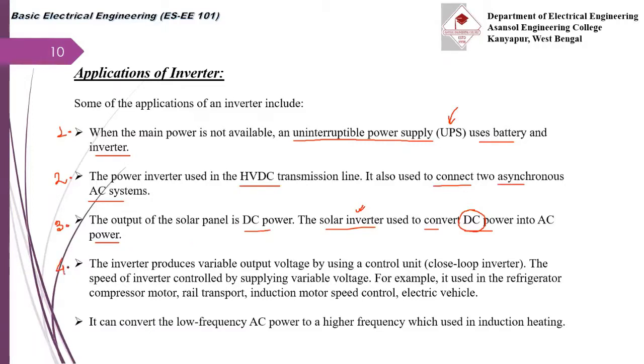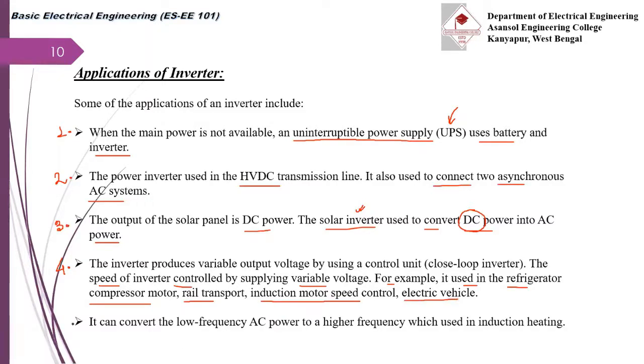Number four, the inverter produces variable output voltage by using a control unit, that is the closed loop inverter. The speed of the motor is controlled by supplying the variable voltage. For example, it is used in the refrigerator compressor motor. It is also used in rail transport, in induction motor speed control, and in electric vehicles.